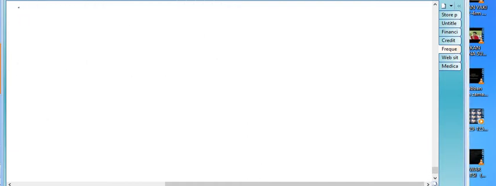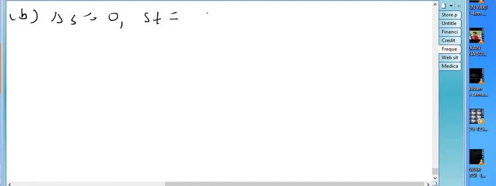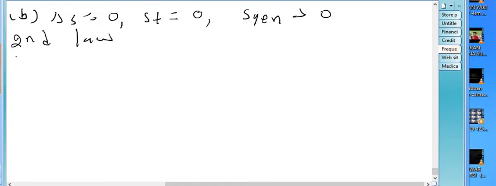Now B. In B, we are given that the entropy change is 0, the entropy transfer is also 0, and the entropy generated is greater than 0. So we apply the second law of thermodynamics.